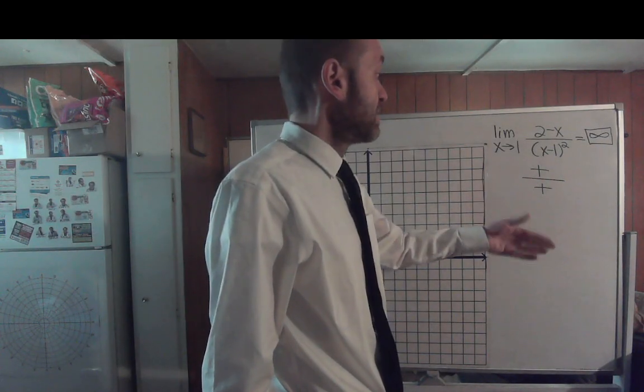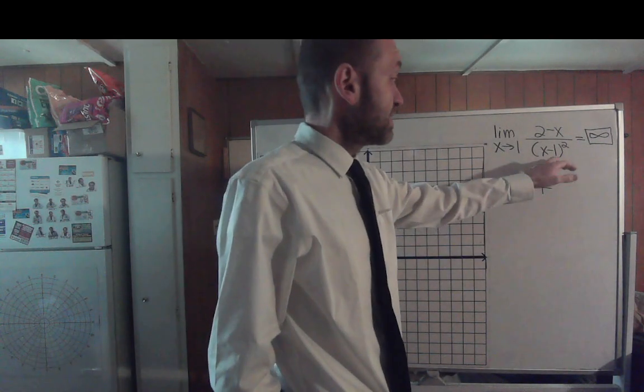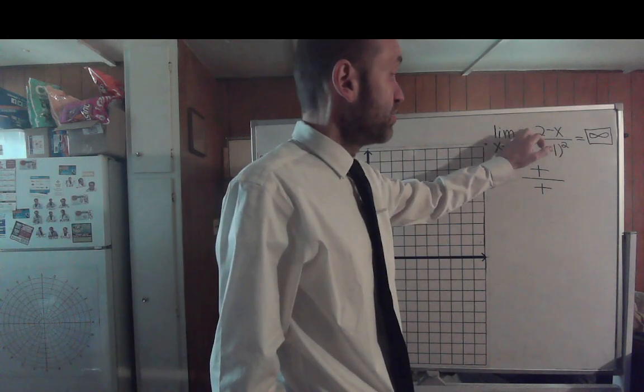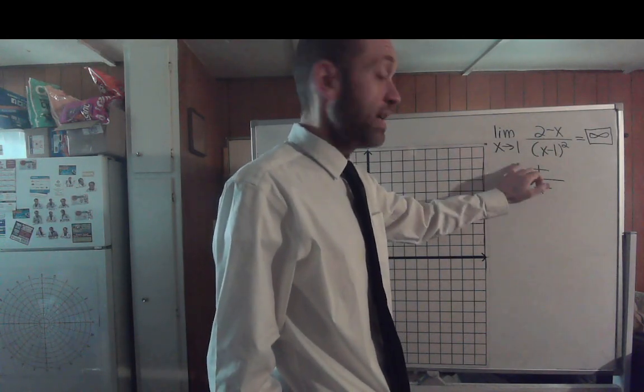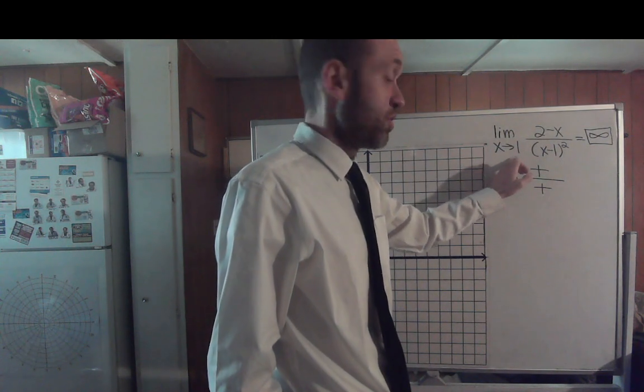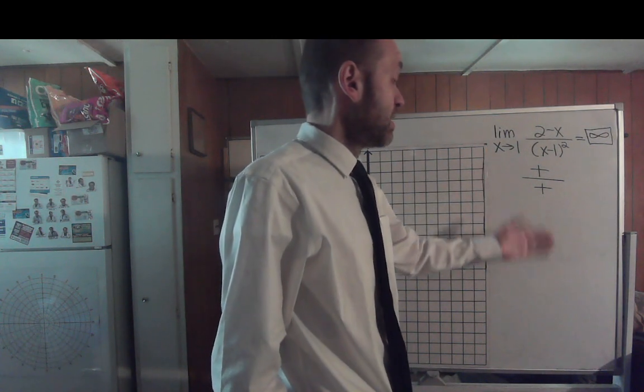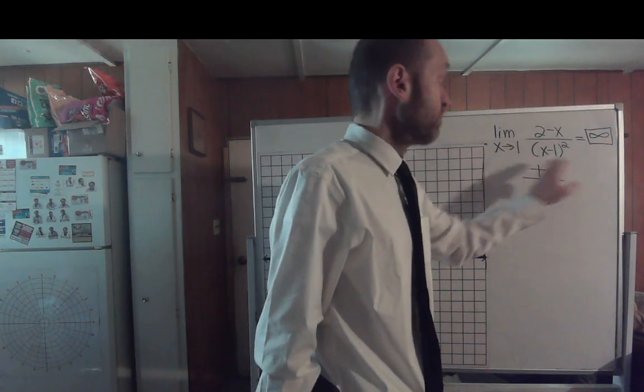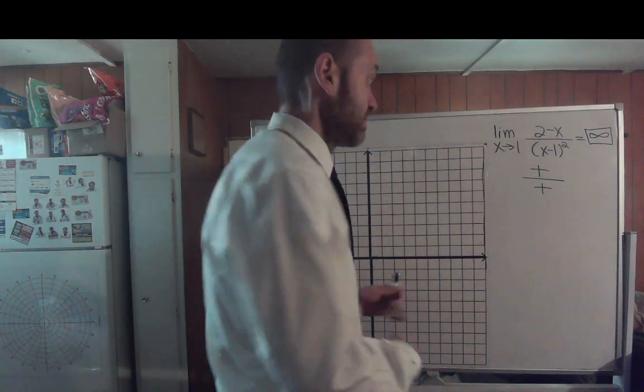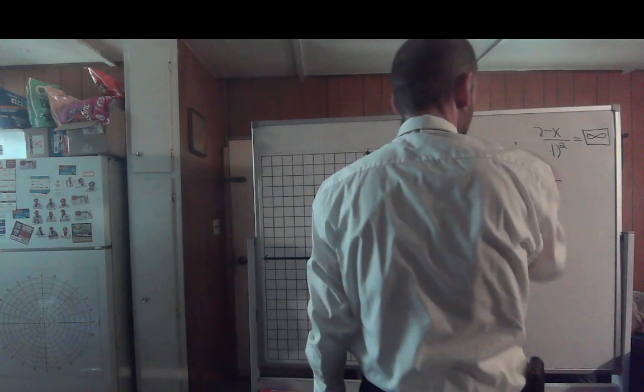And in this case, since both numerator and denominator are positive, no matter which side you approach 1 from, then you could say the general limit actually exists, and it's positive infinity.